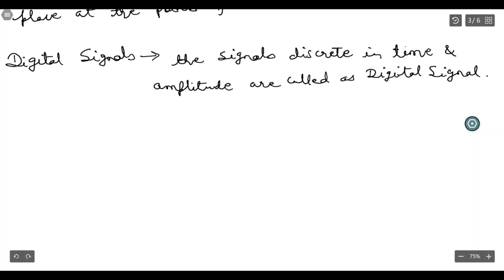Okay, so these are the digital signals which are discrete in time and amplitude, and continuous time signals are continuous in time and amplitude.